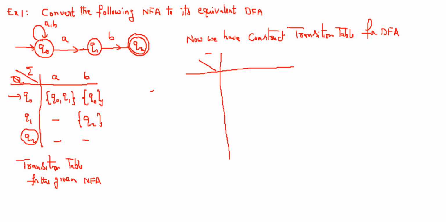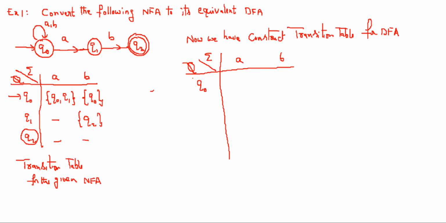So here this is your sigma. Here this is your Q. What are your input symbols? A and B. What is the initial state you have identified for your DFA? Q0. Q0 is the initial state for the DFA.